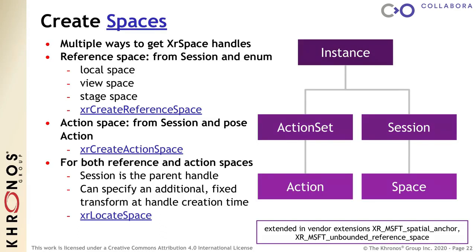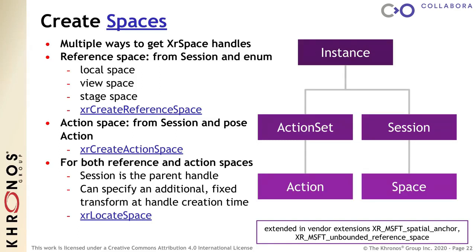Another kind of space is an action space. To create these, you use your XR session and a pose action. The result is an XR space just the same as with create reference space, so they are both examined the same way. For both of these types of spaces, session is the parent handle.